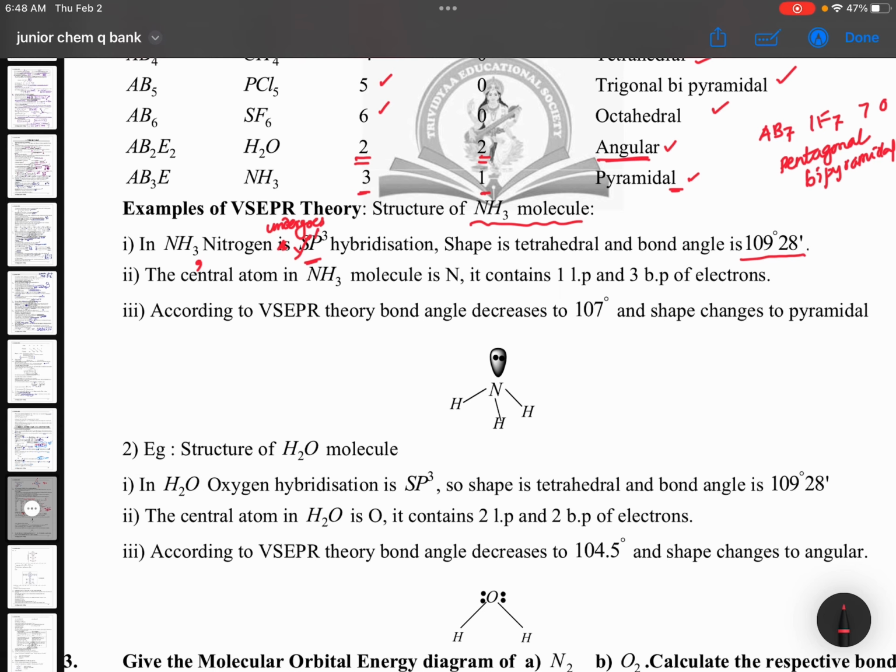The central atom in ammonia molecule is N. It contains 1 lone pair, 3 bond pairs of electrons. According to VSEPR theory, bond angle decreases to 107 degrees and shape changes to pyramidal because of the lone pair.